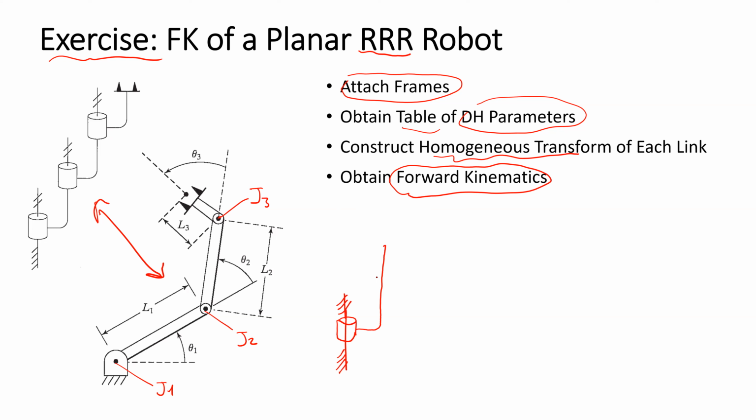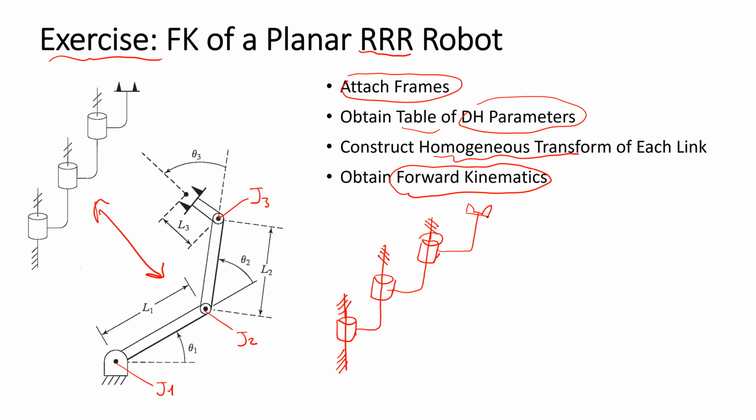Then you connect the second motor, connecting the stator of the second motor to this link, and the rotor continues, and you put another motor by connecting the stator here and continuing to the end effector.